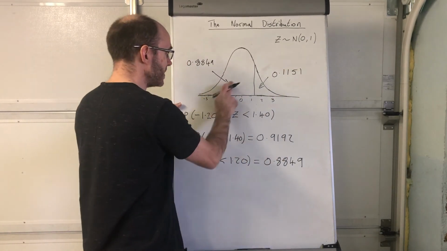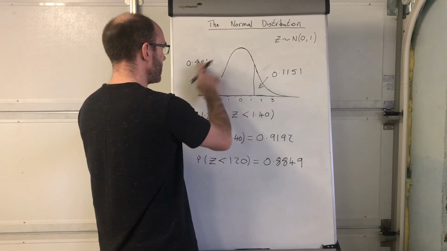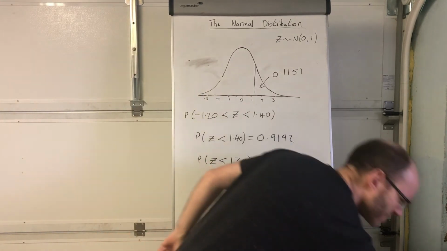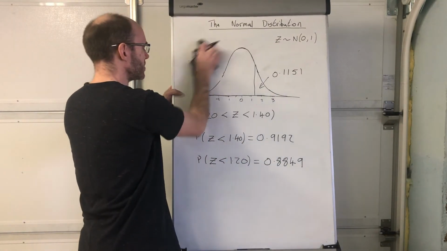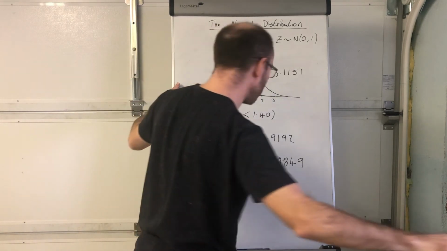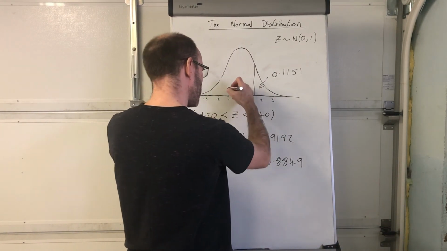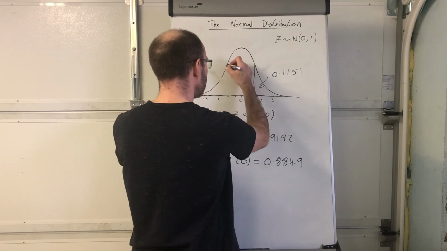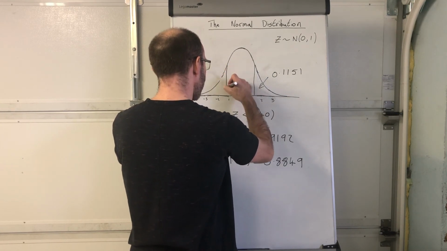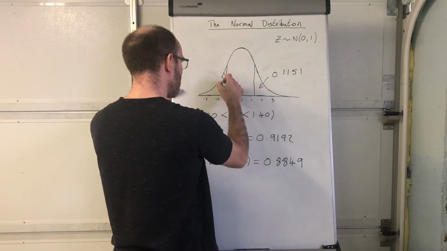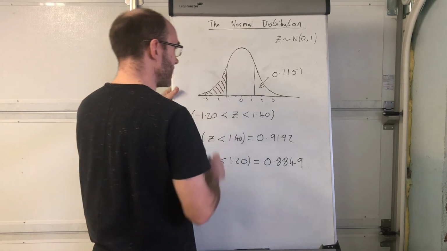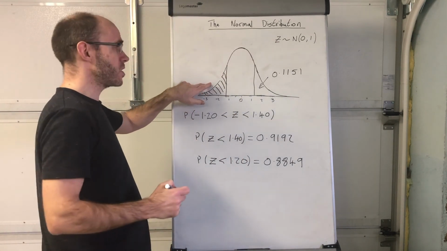Sorry for the mess. So by symmetry, negative 1.20 is about here. Let's try and get the symmetry right. There we are. So what we found is the probability of that bit is 0.1151.